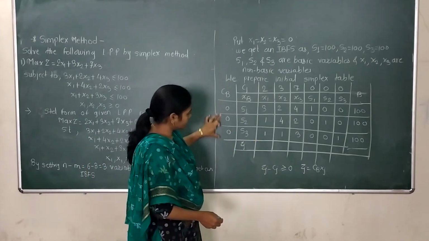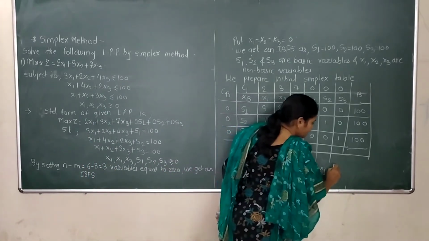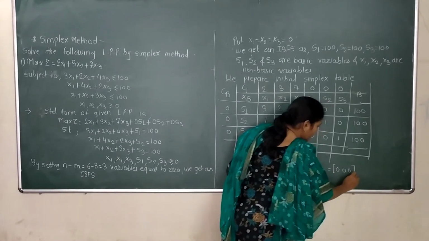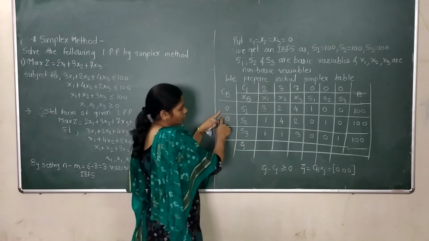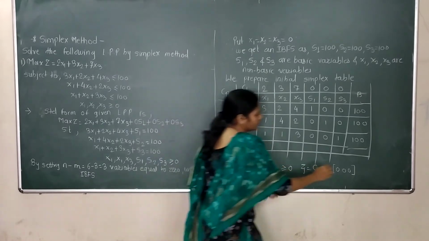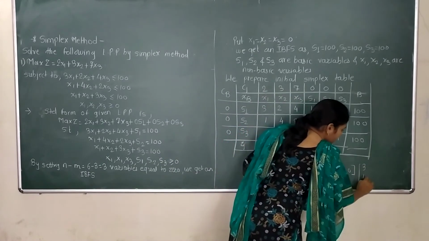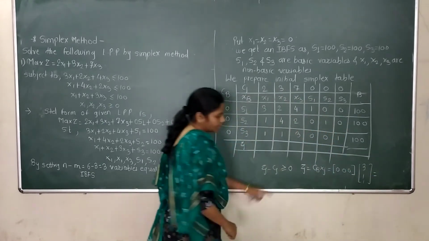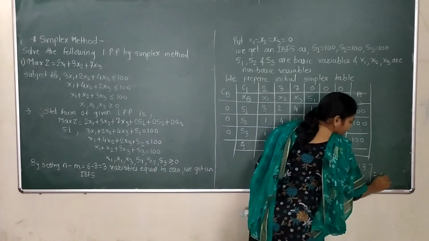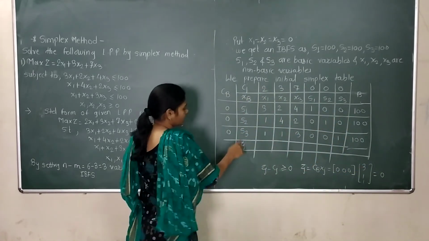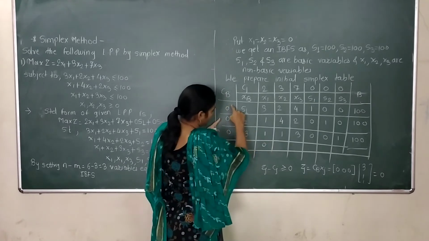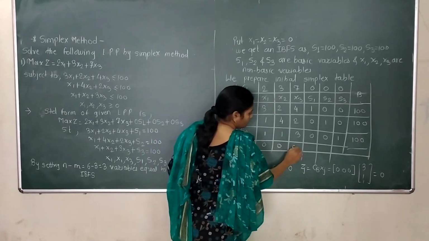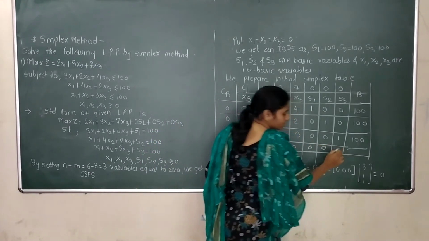So here CB is 0, 0, 0. Xj for j is equal to 1, we are considering this column vector 3, 1, 1. Its multiplication is 0. So here we are getting Zj is equal to 0. Again all the entries are 0, so all the values of Zj will be 0.